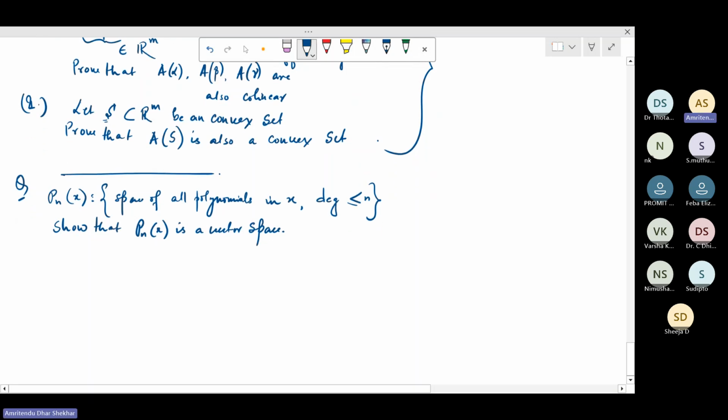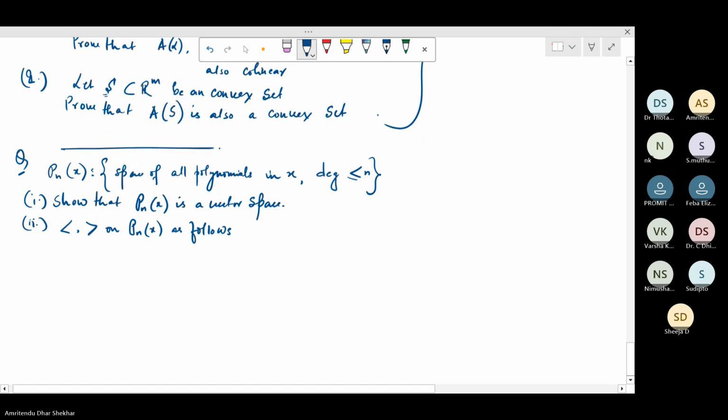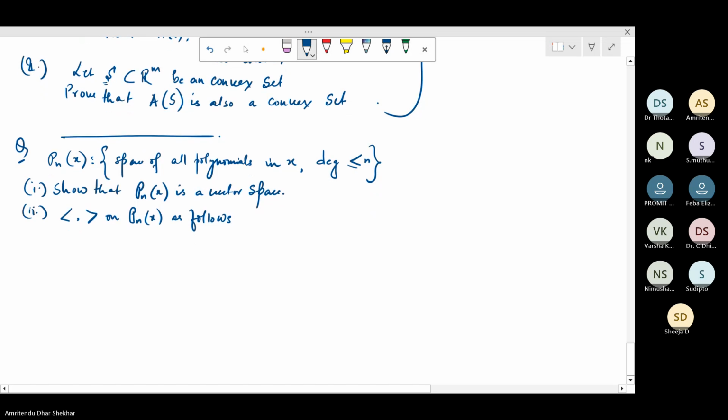Next, I define an inner product on Pn of x as follows. If f and g are two polynomials in Pn of x, you define the inner product as the integral of f times g dx from 0 to 1.